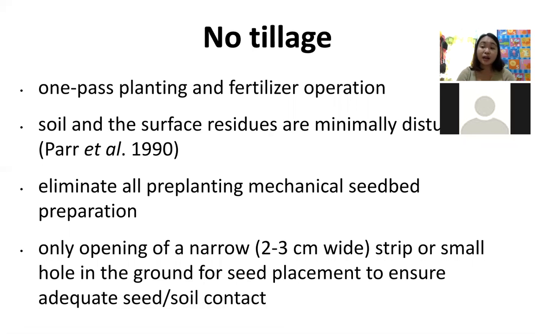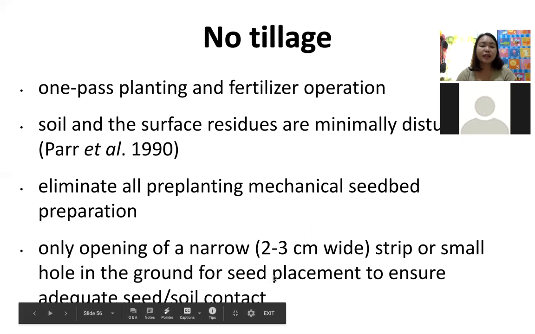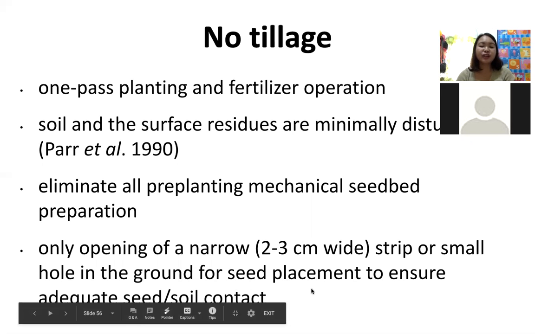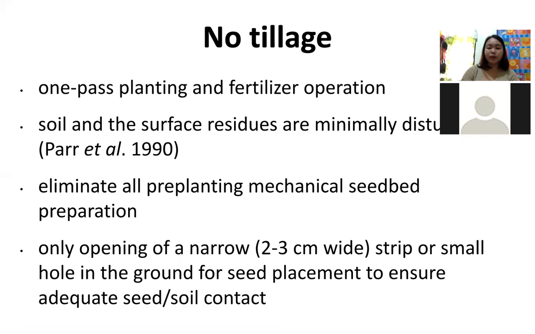Actually, for some people, conservative people, they prefer this kind of tillage because they believe that in this practice, the soil and the surface residues are minimally disturbed, and it will eliminate all pre-planting mechanical seedbed preparation, and you just open a narrow strip or small hole in the ground for the seed itself, and to ensure that the seed will grow.